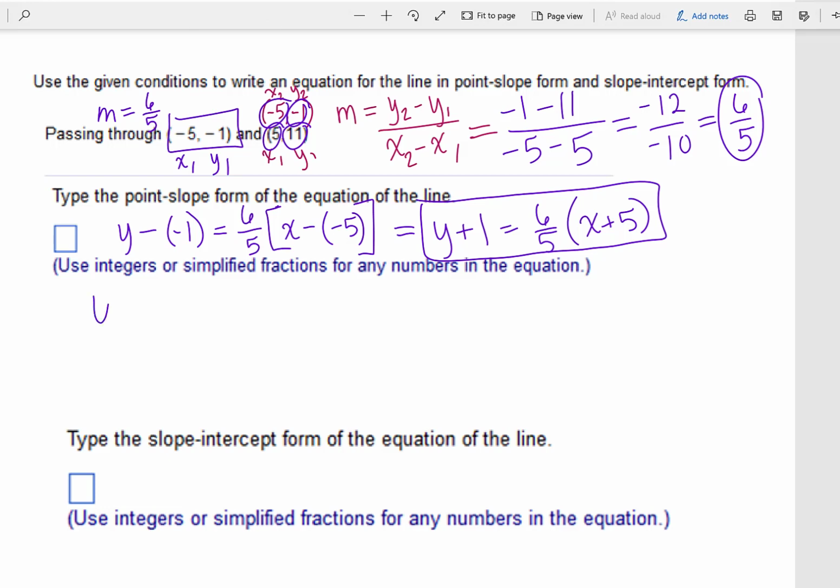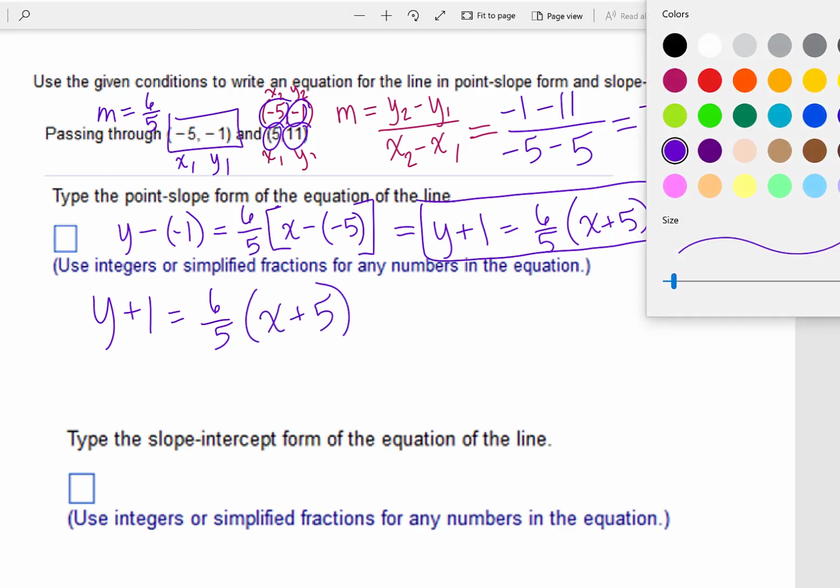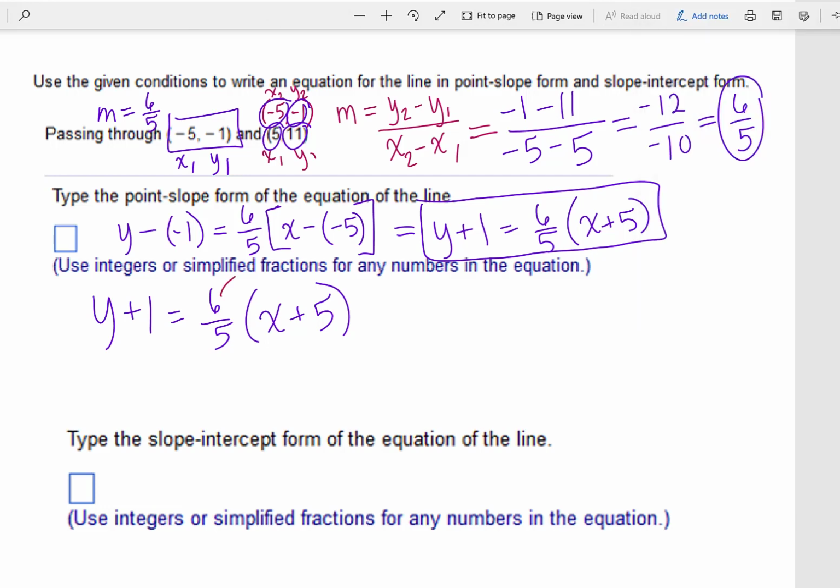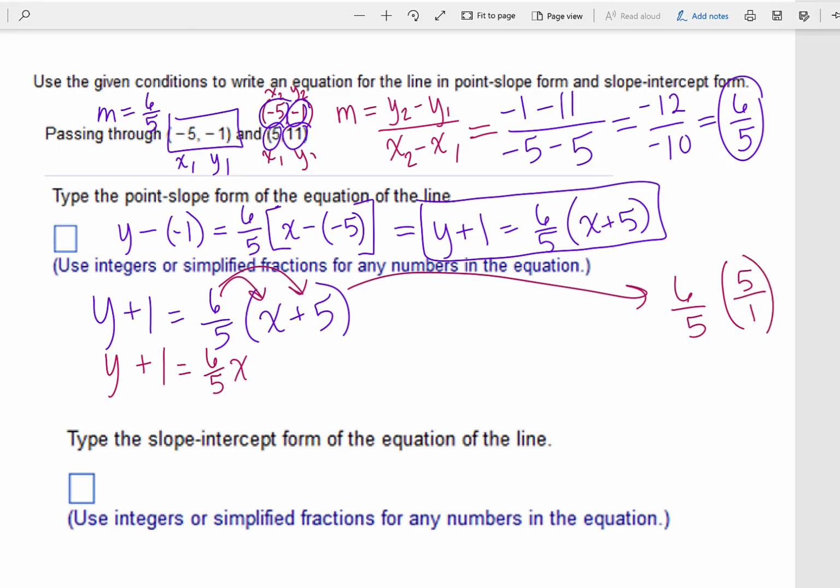So let me go ahead and drop this down, so I can start manipulating the equation to be in slope-intercept form. Distribute this, get y plus 1 equals 6/5 x. I'm going to show you the math over here real quick. 6/5 times 5 would be 5 over 1 as a fraction, right?